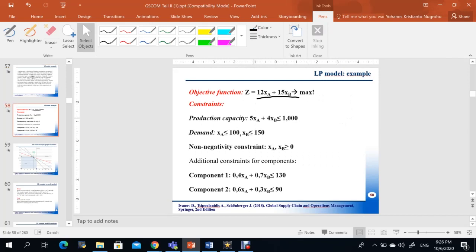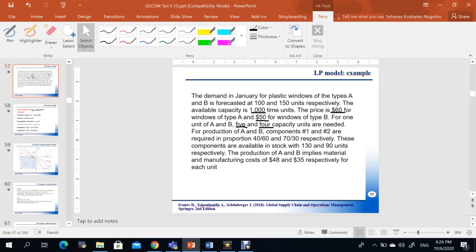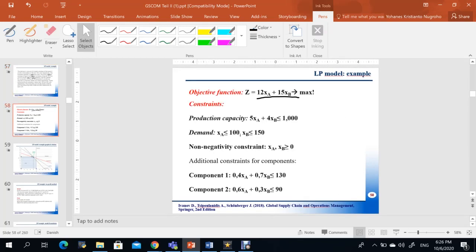So 5xa plus 4xb less than or equal to 1000. Okay, and the next constraint is demand: xa less than 100 and xb less than 150.